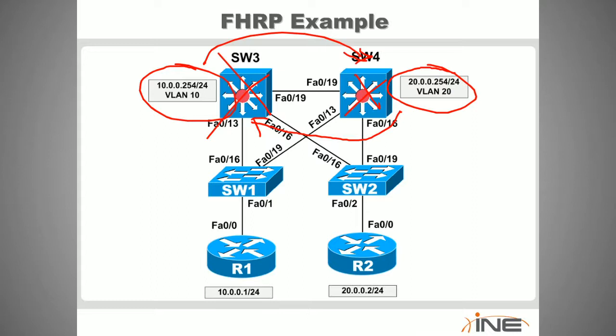Then it will be able to support VRRP and GLBP. Most of the routing platforms themselves, like the 3700s and the 3800s, will support all three of them. So it depends on whether you're running a full IOS router or whether you're running Catalyst IOS.